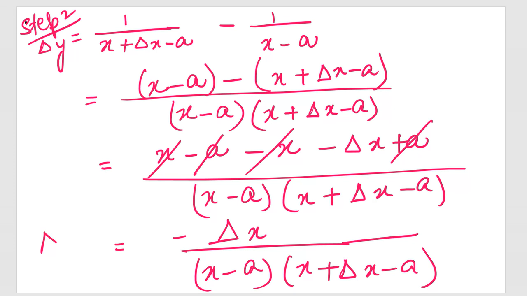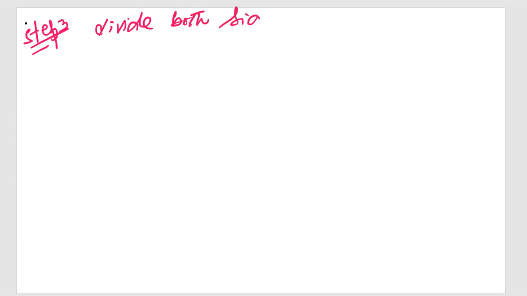Now we are going to start our step number 3. In step number 3, we have to divide both sides of the equation by delta x, because we have to get rid of this delta x. So in step 3, I will write: divide both sides by delta x, both sides of the equation.